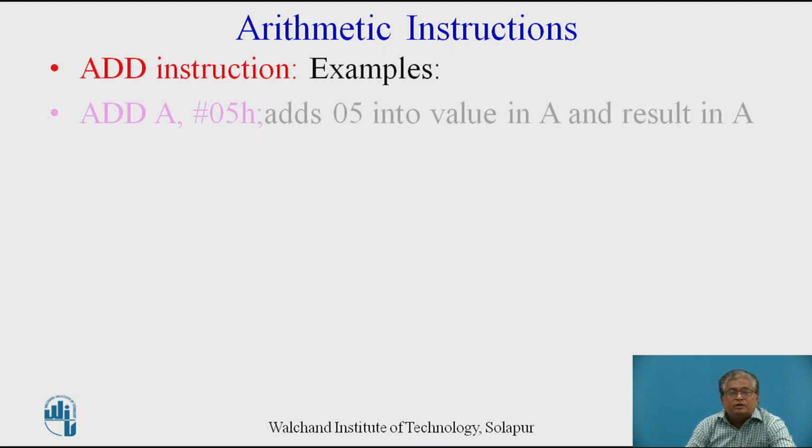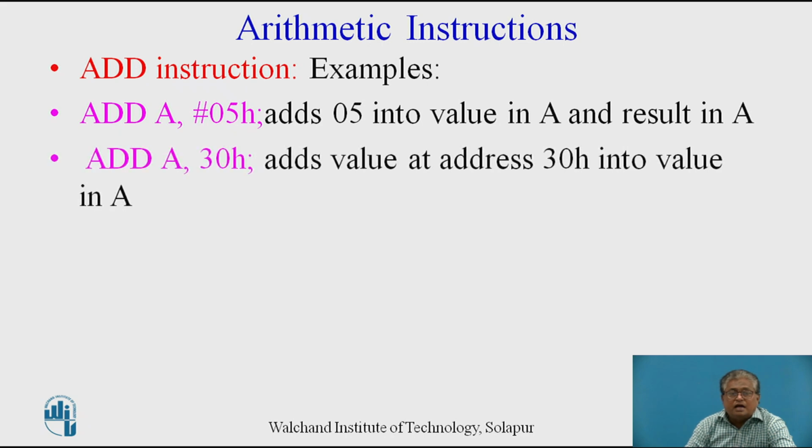So for example, ADD A comma #05, this instruction adds 05 into the value in register A and the result will be stored in the register A itself. Another way of specifying the second value is by writing its address.